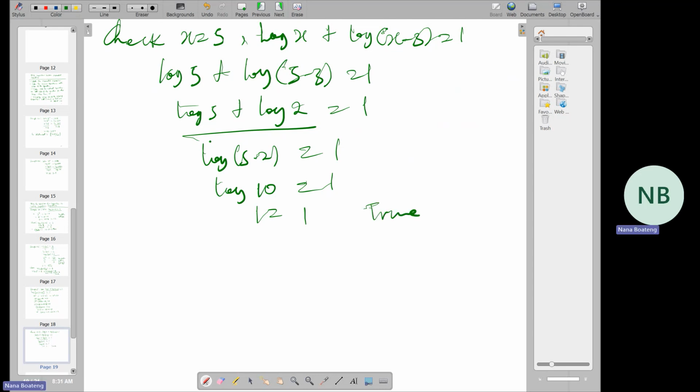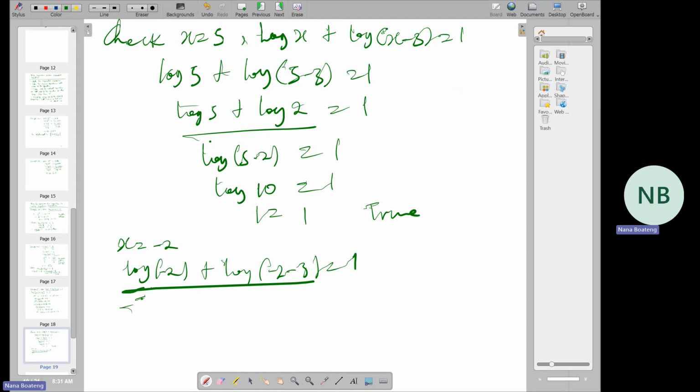So let's check for x is equal to negative 2. We have log of negative 2 plus log of negative 2 minus negative 3 is equal to 1. And the domain of log does not include negatives, right? So x is equal to negative 2 cannot be part of the solution.